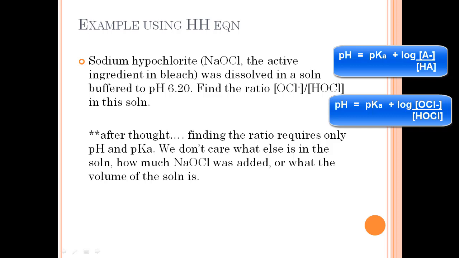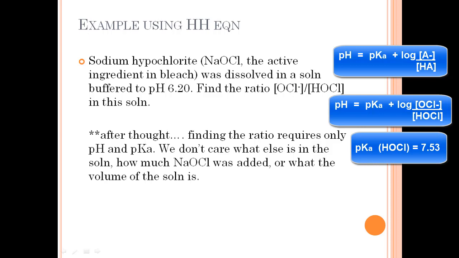So we need to find out what the pKa of this HOCl is, by the way, and I said it already, that's hypochlorous acid. So go to the back of your book, and if you do that, you will find that the pKa is 7.53. Now, we know the pH because they told us.